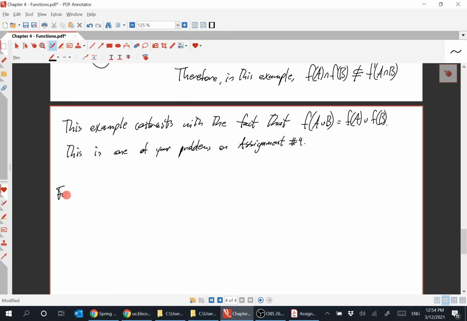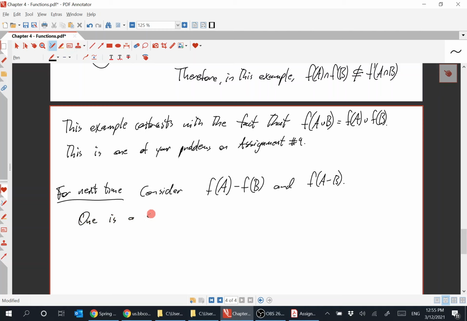All right, so for next time, consider f of A, the image of A, and the image of B, minus the image of B, and the image of A minus B. One is a subset of the other, but not necessarily the other way around.